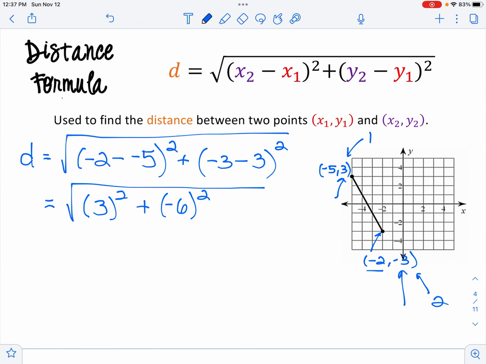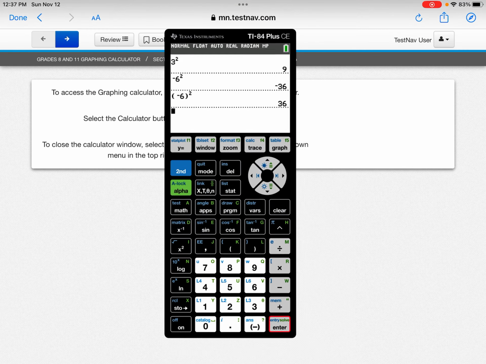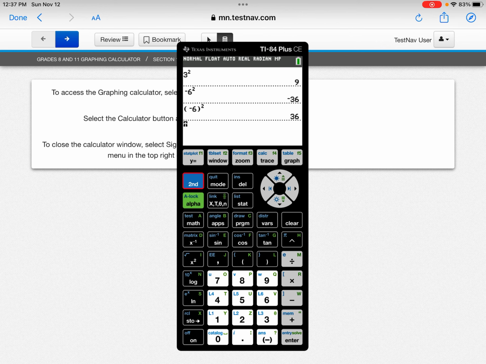Okay, so this is 9, and this is 36. Okay, we're going to add those two together, and I would have the square root of 45. So the distance between these 2 points is whatever the square root of 45 is. So let's pop back open our calculator and do second, there we go.